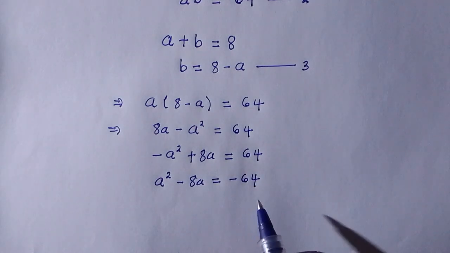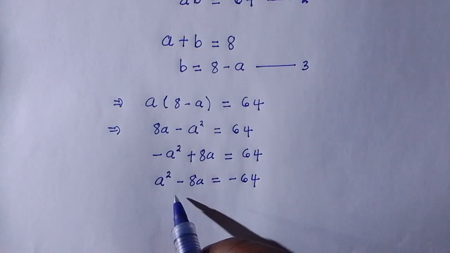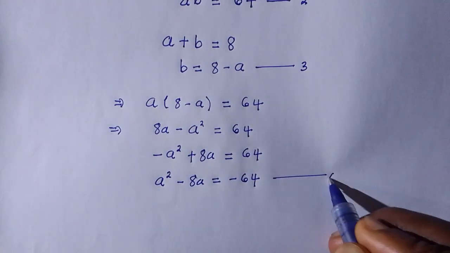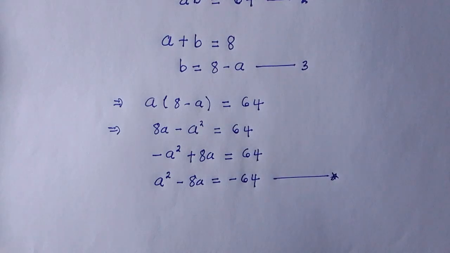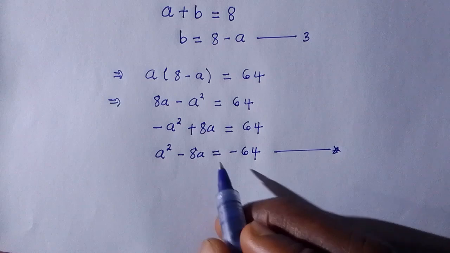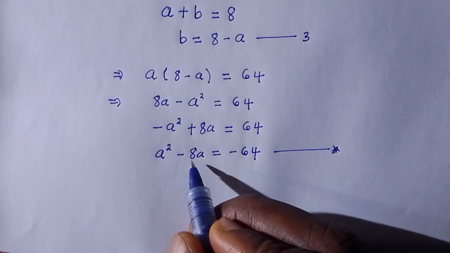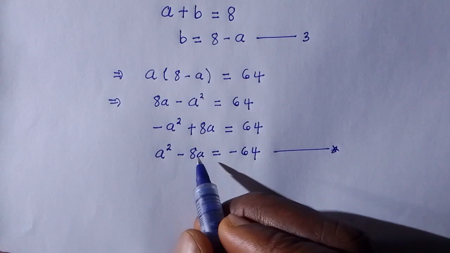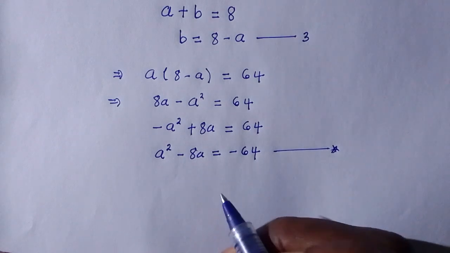The proper way of writing this is by transferring this one to this side, and we get it. But the method I want to apply here is called the completing the square method. To apply that method, we divide this one by 2. So we get 4, then we raise that 4 to the power of 2, and add it to both sides.